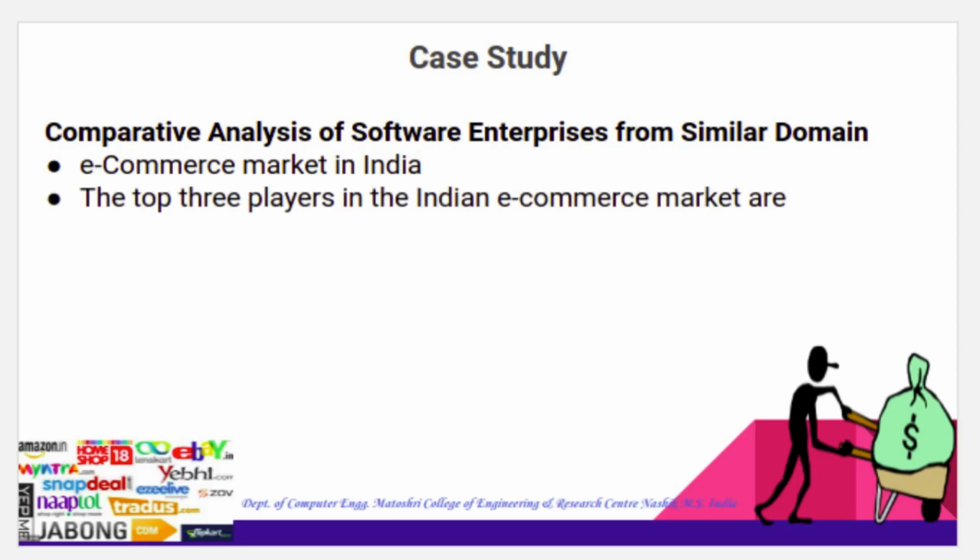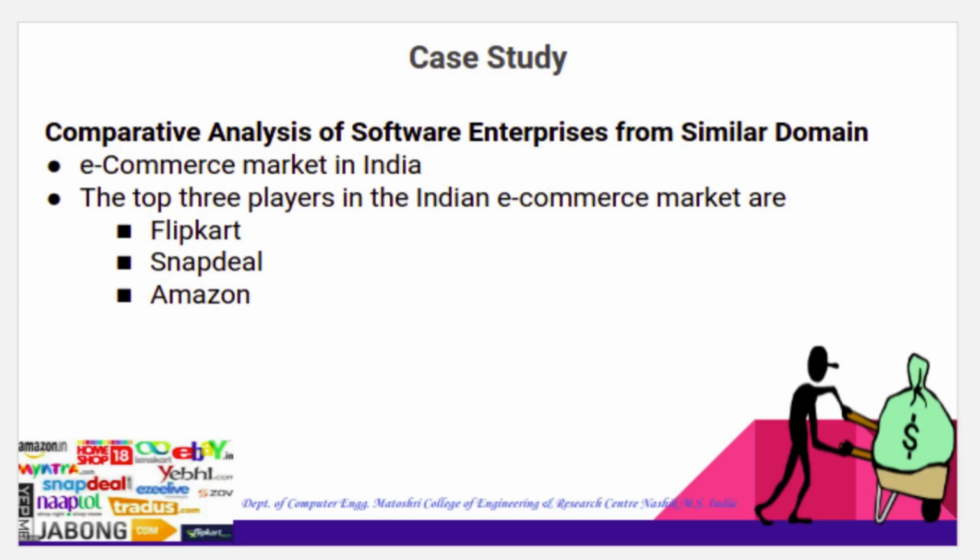The top three players in the Indian e-commerce market are Flipkart with an estimated market share of 40%, followed by Snapdeal at second position with 30% share, and last but not the least of the top three is Amazon with an estimated market share of 20%.